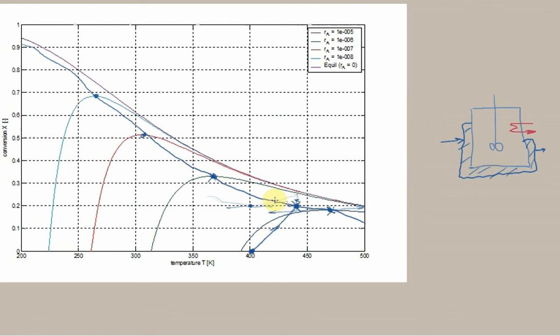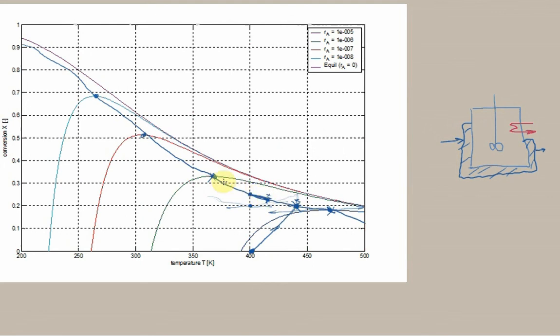Then we know that identifies this point on the line. So I must cool in 1 second enough for me to get to that point, and so on. So then I can reach here. And then if I look 1 second into the future, looking at the reaction rate here, that means conversion will rise to here after 1 second. So then I must be over here. So I need to apply enough cooling to do this.